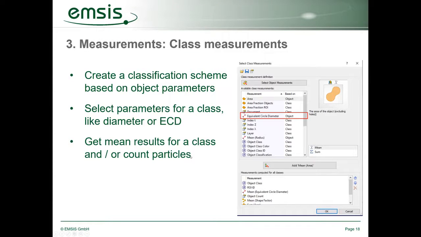Here it allows you to get not only mean results; we also have a class parameter which allows you to count the objects. So with just one mouse click later on, you will be able to see not just the mean results, but also the number of particles belonging to this class. And also here, it can be saved in a configuration file, which can be used by yourself or by other people later on.